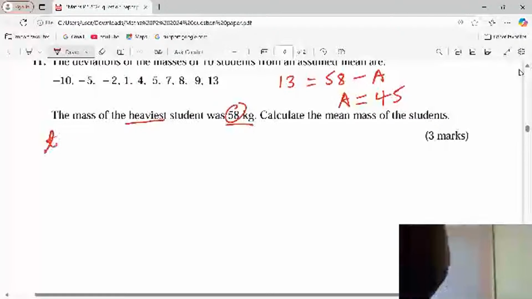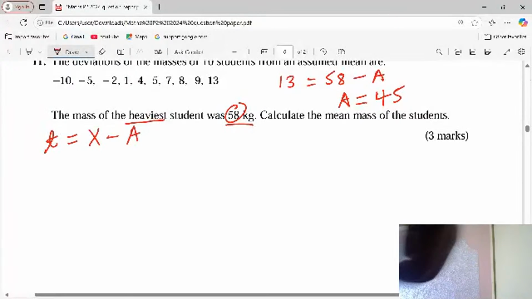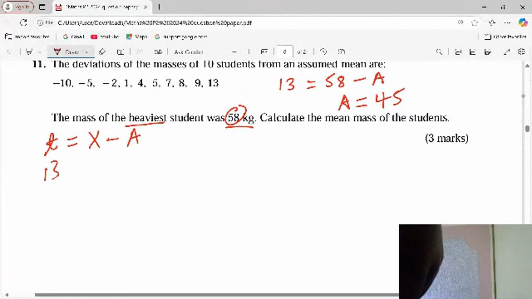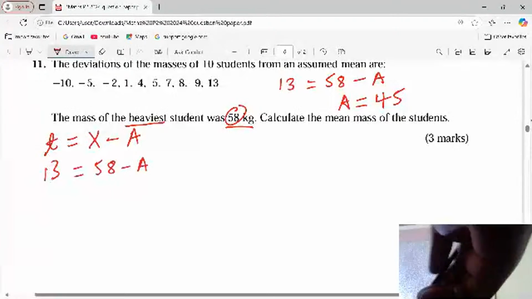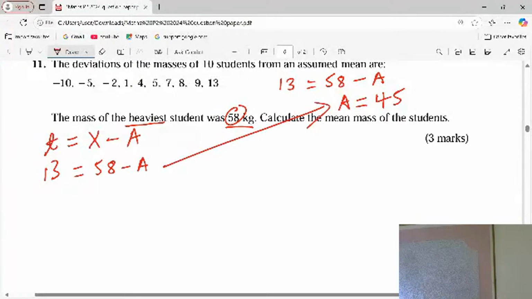Deviations are usually given by each value minus the assumed mean. So a deviation of 13 means that it comes from the heaviest student minus the assumed mean, and the assumed mean now becomes 45.